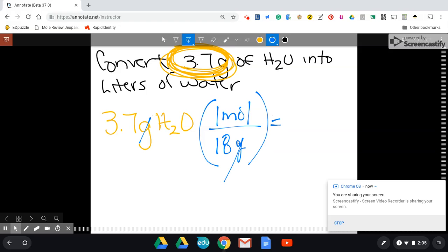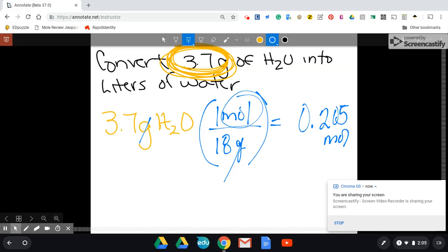Now, I could do this all in one step, or I can stop here. So I could say 3.7 divided by 18, which is going to give me 0.205. And this is moles, remember, because this is the unit we got to.